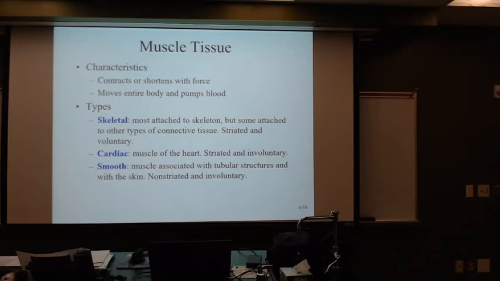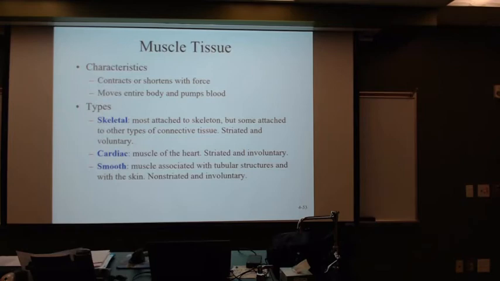Muscle's characteristics: it can contract, or what we know as shorten, when a force is placed upon it. It helps to move our entire body. For example, think about our skeletal muscle. It can help pump blood, if we think about the heart.